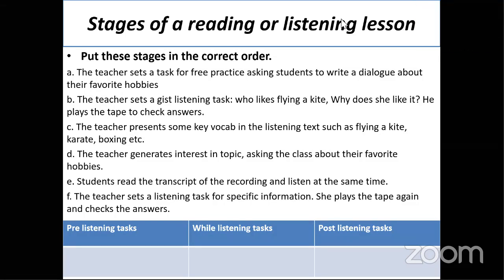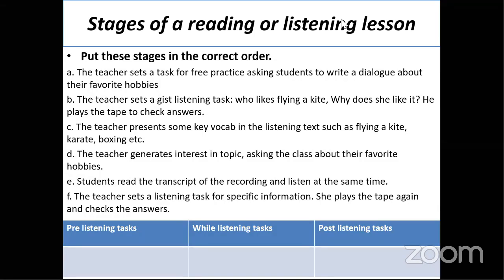Put these stages in the correct order. A, the teacher sets a task for free practice, asking students to write a dialogue about their favorite hobbies. B, the teacher sets a gist listening task. Who likes flying a kite? Why does she like it? He plays the tape to check answers.